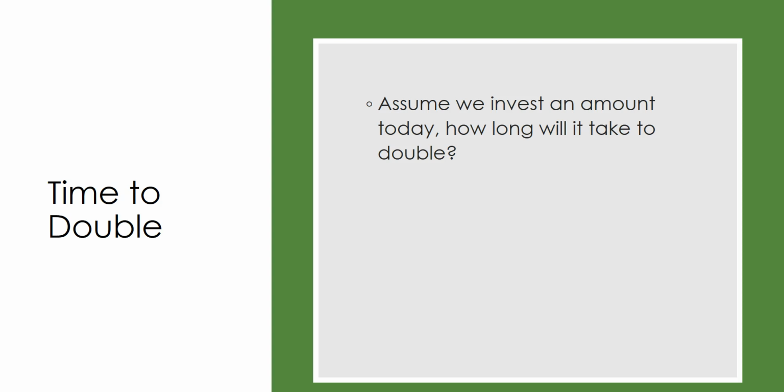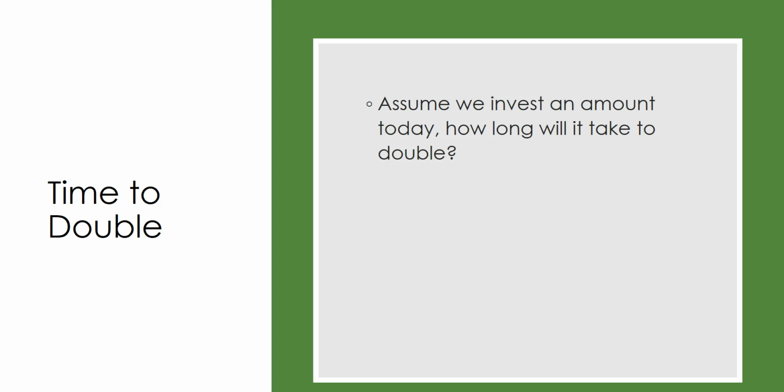So let's just do an example here and see how long it takes for an investment to double. So this could be any number. If you want to see how long it takes 1 million to become 2 million, $1 to become $2, $2 to become $4, it doesn't matter because it would grow at the same rate. We're just looking at how long it takes to double.